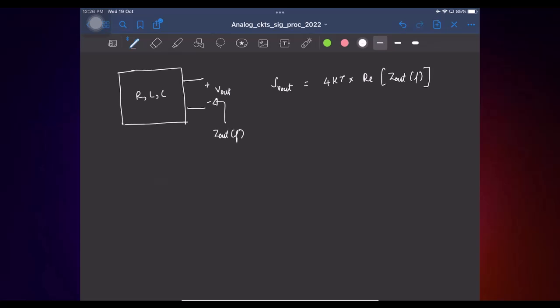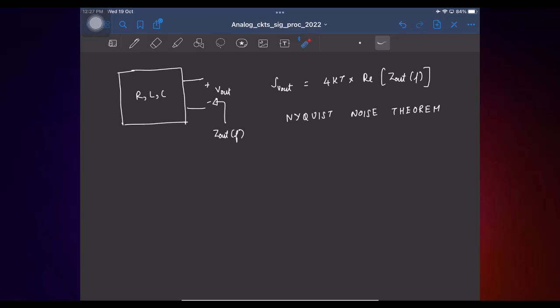This result was shown by Nyquist, yet another result from Nyquist. You can call this Nyquist noise. Right? Cool. So this is only with RLC.